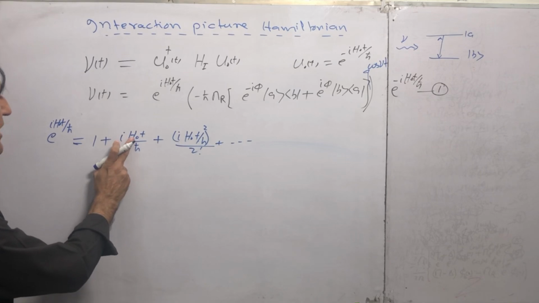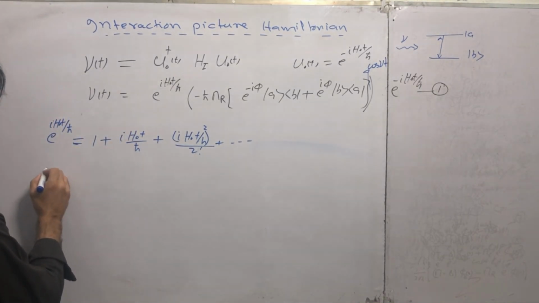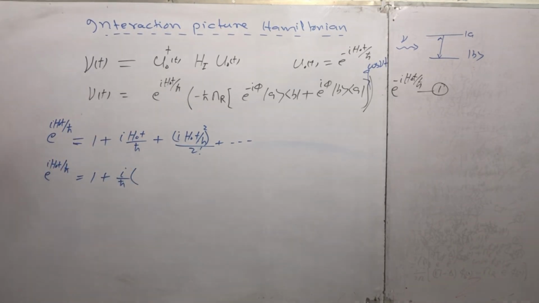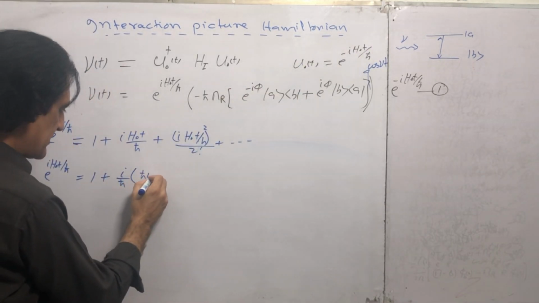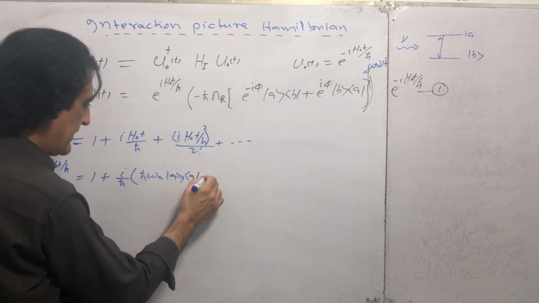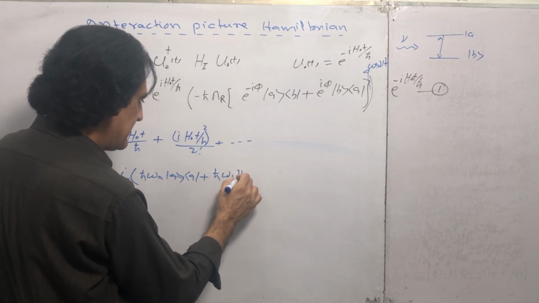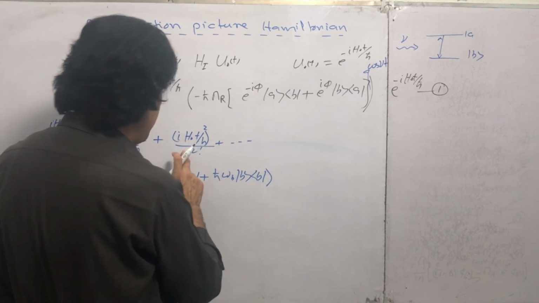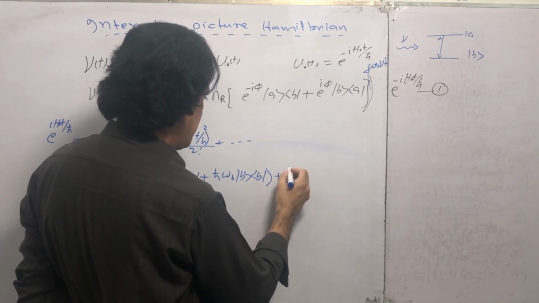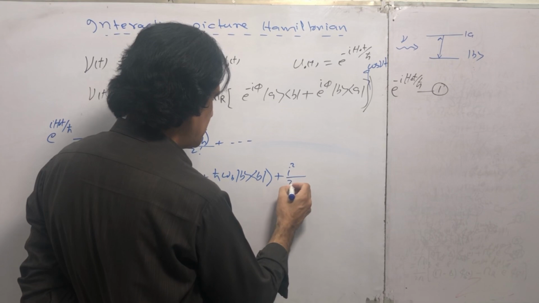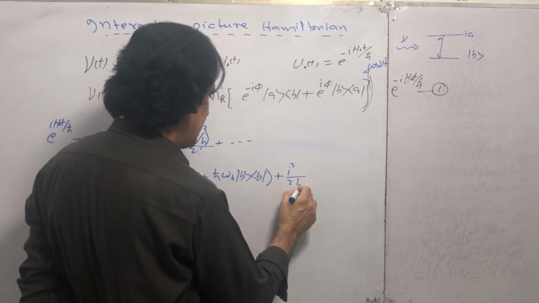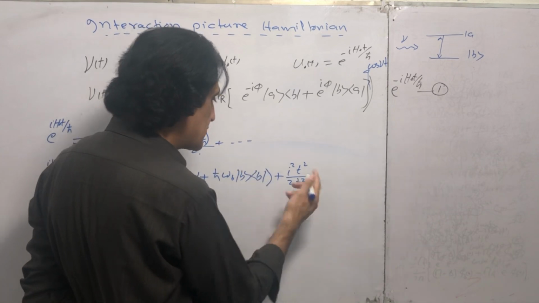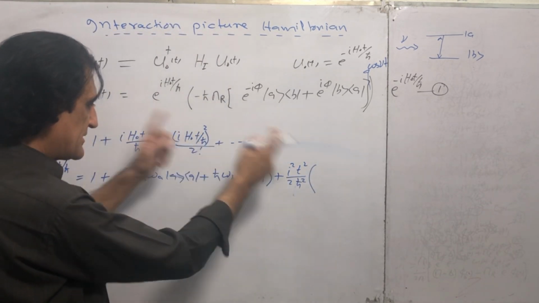Further, the value of H naught for a two-level system is equal to h bar omega_a |a><a| plus h bar omega_b |b><b|, and from here we know i squared divided by 2 factorial, h bar squared and also t squared, and H naught squared means multiplication of this term with this term.